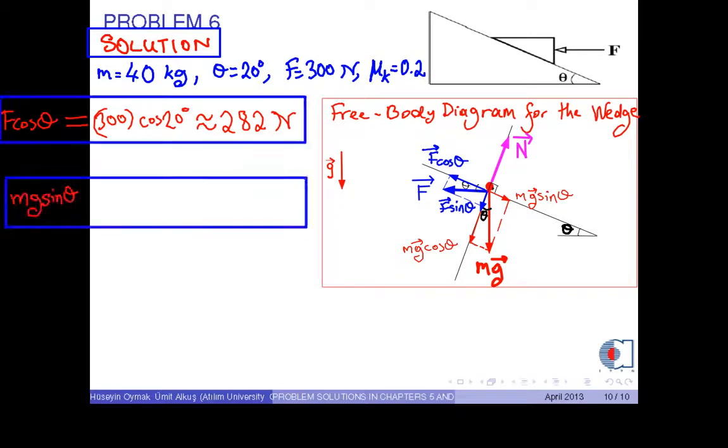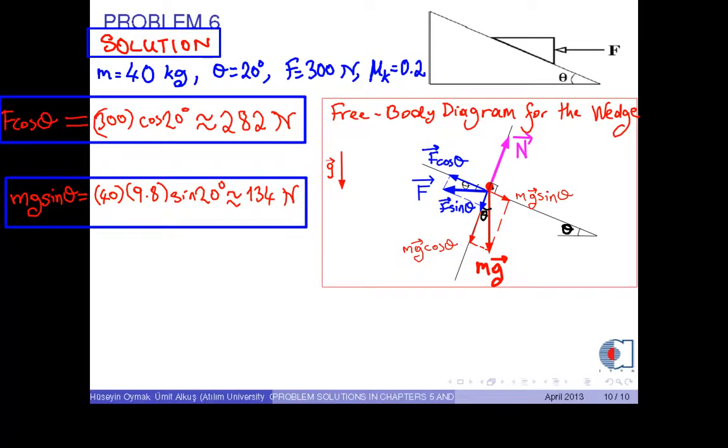And m times g times sine theta equals 40 kilograms times 9.8 meters per second squared times sine of angle 20 degrees, which is approximately 134 newtons.